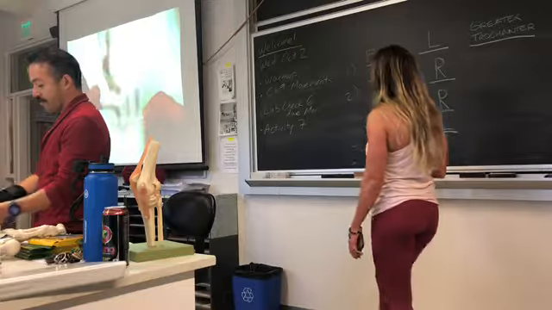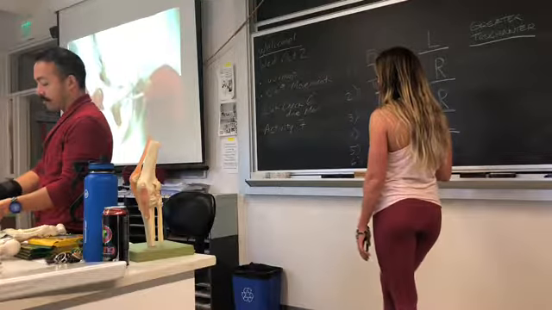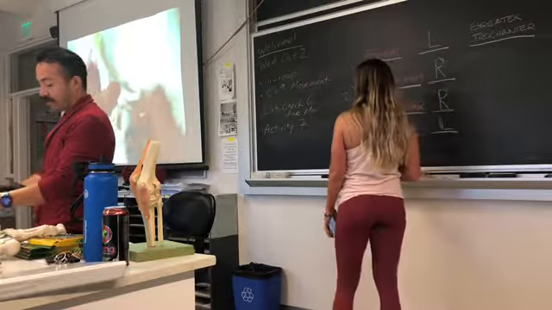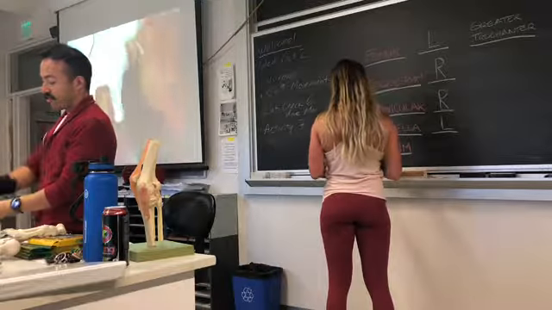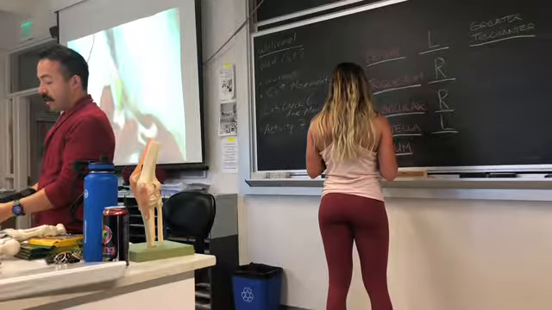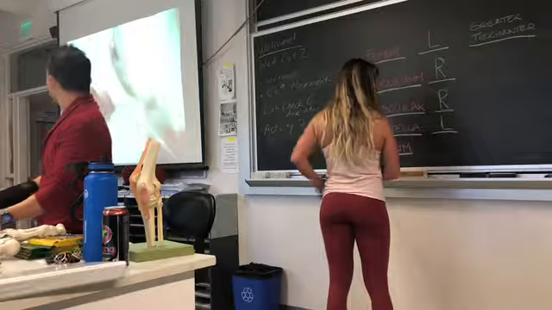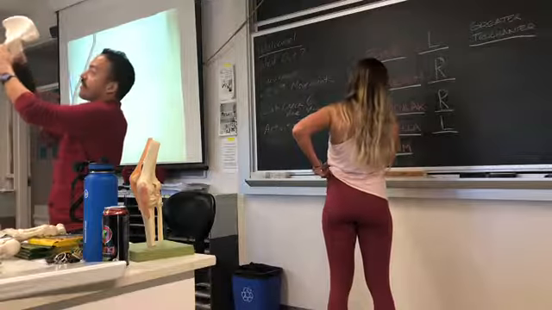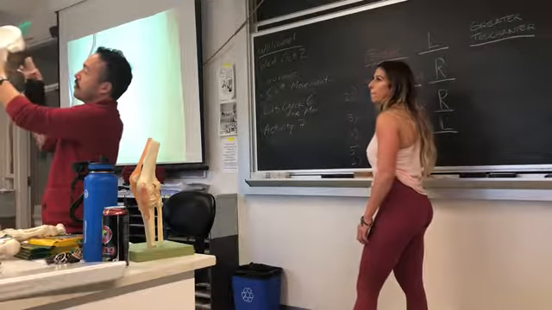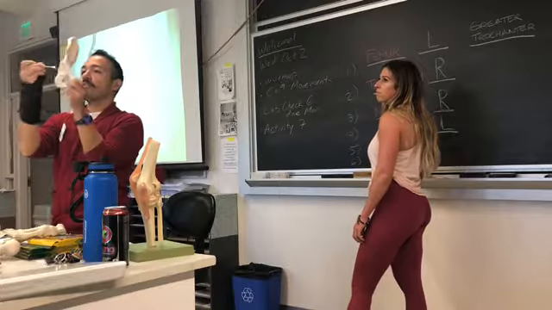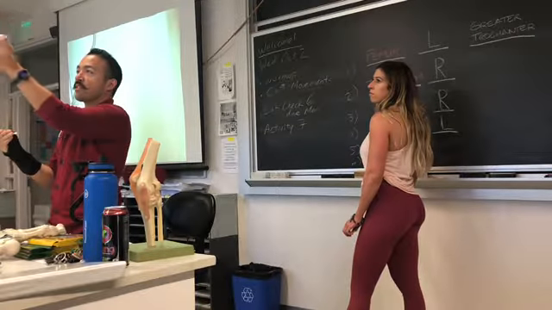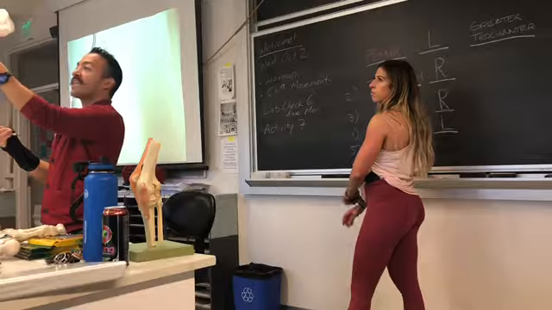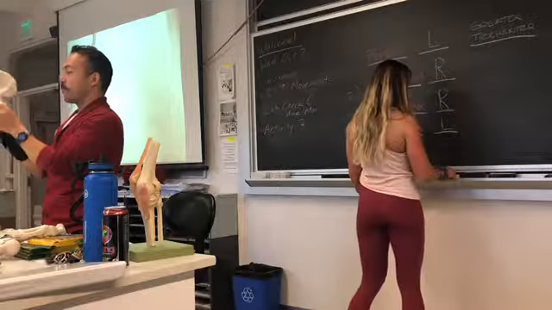So here's the pubis, the pubic bone. So ischium, pubis, ilium. If this is the pubis, ilium, ischium, and here's the acetabulum, is this right or left? It's the right coxal bone.